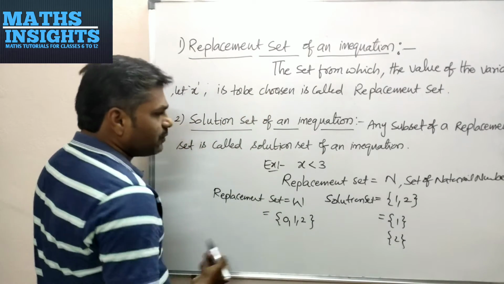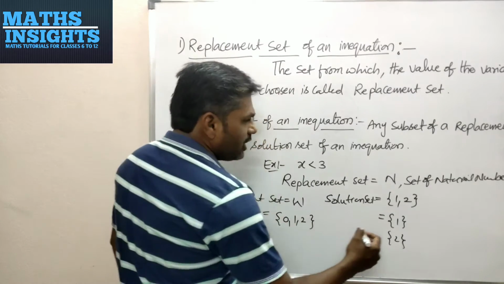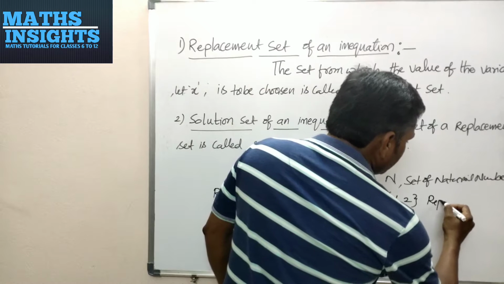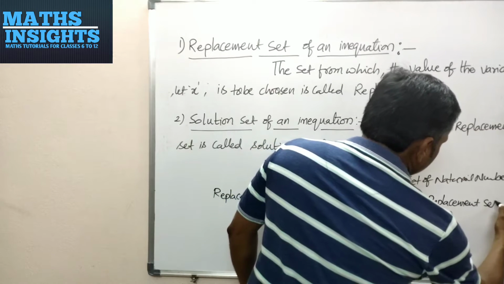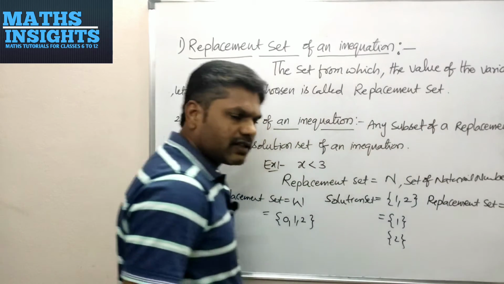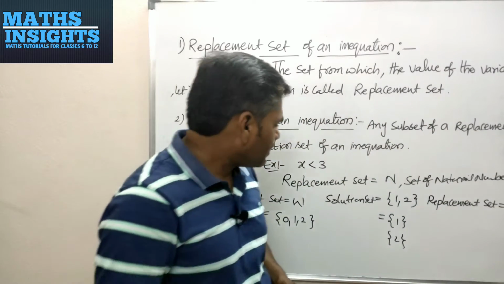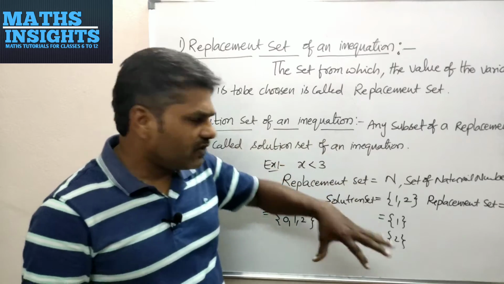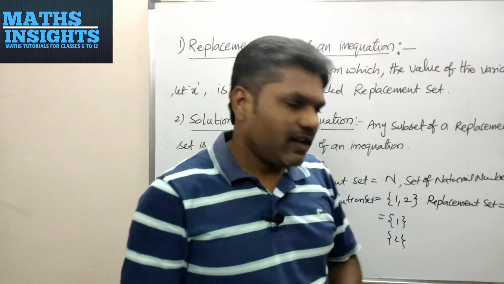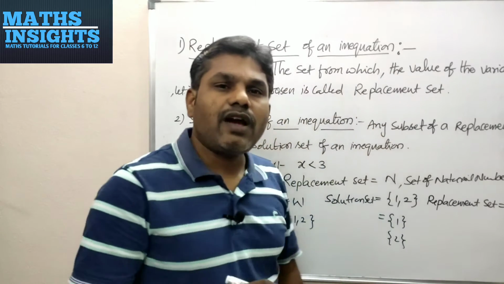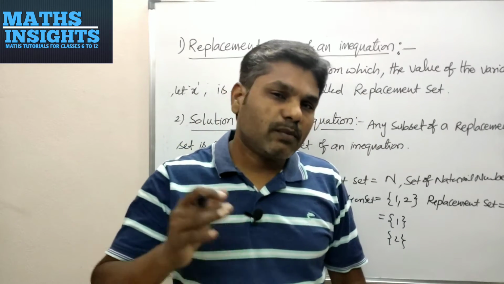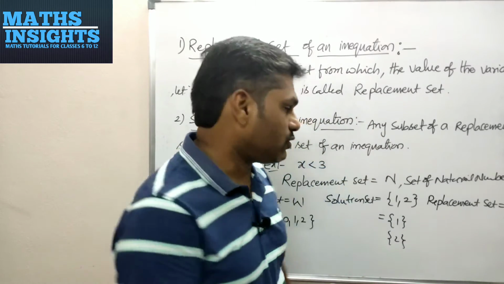And if you take the replacement set as integers, then there are a lot of numbers which satisfy this inequation. See, actually integers will have 0, whole numbers, and positive and negative numbers also.